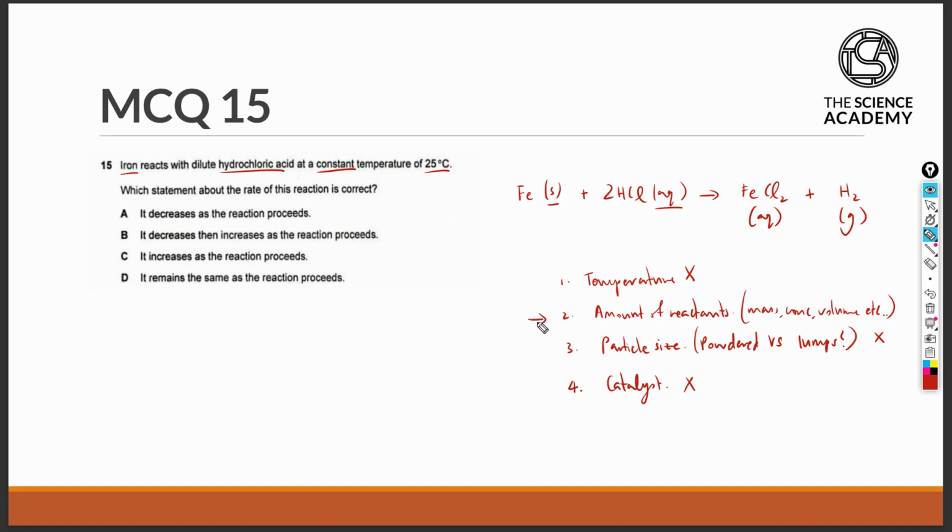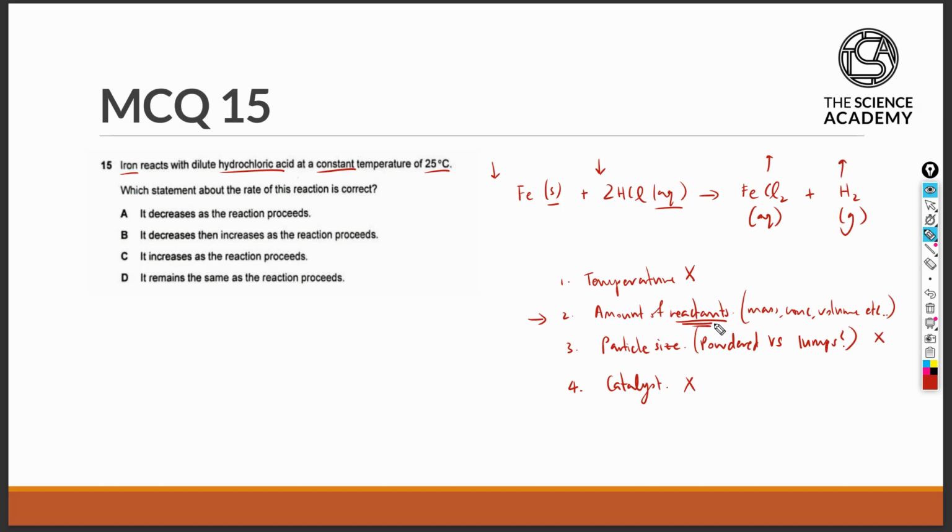So we should focus on factor number 2, which is the amount of reactants, specifically the amount of iron metal and hydrochloric acid across the entire duration of the reaction. We know that as the reaction proceeds, there will be less and less reactants available to react and more products produced.